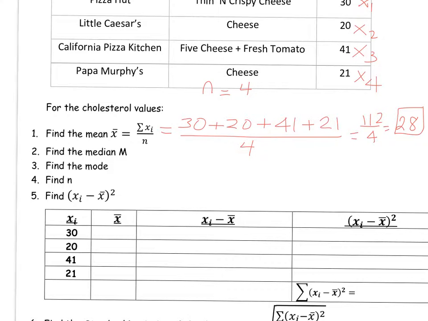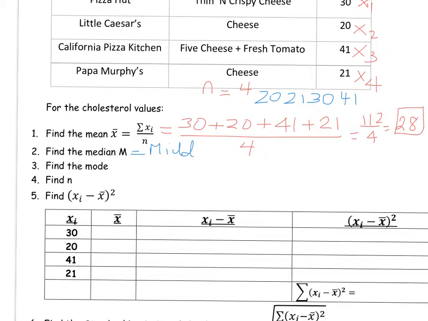To find the median, let me change color here. We call it M. We're going to first put the data in order: 20, 21, 30, and then 41. And the median is the middle of the data.